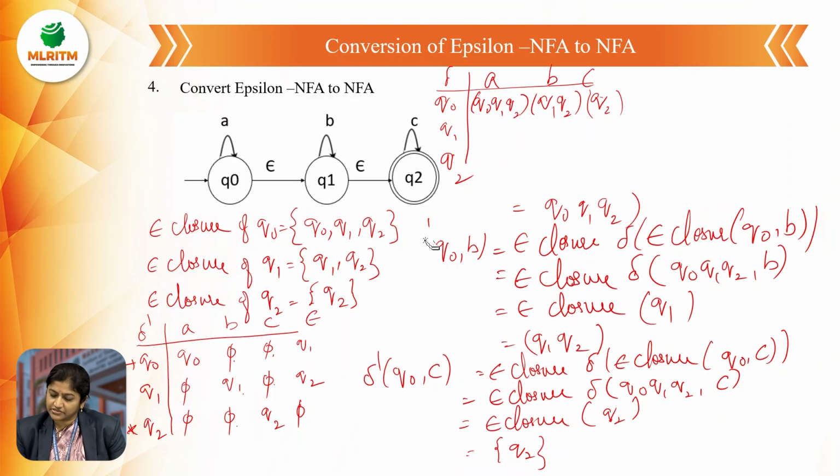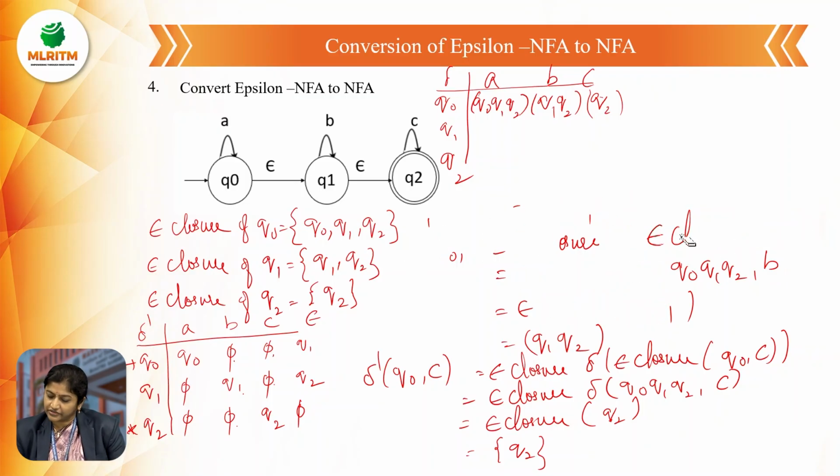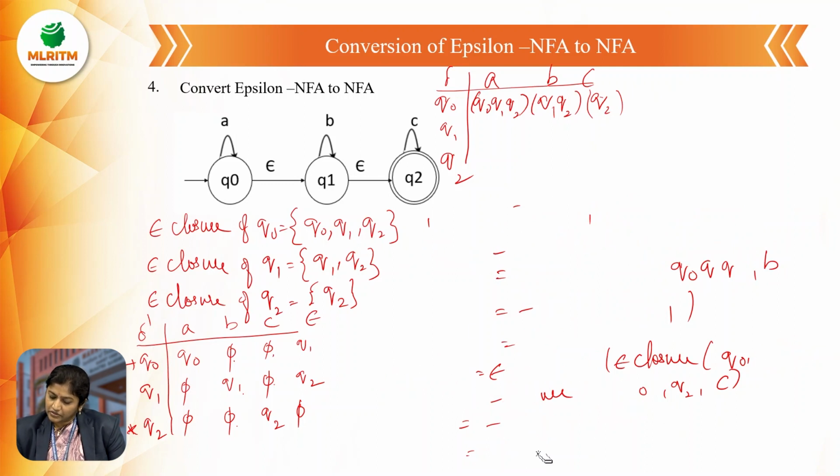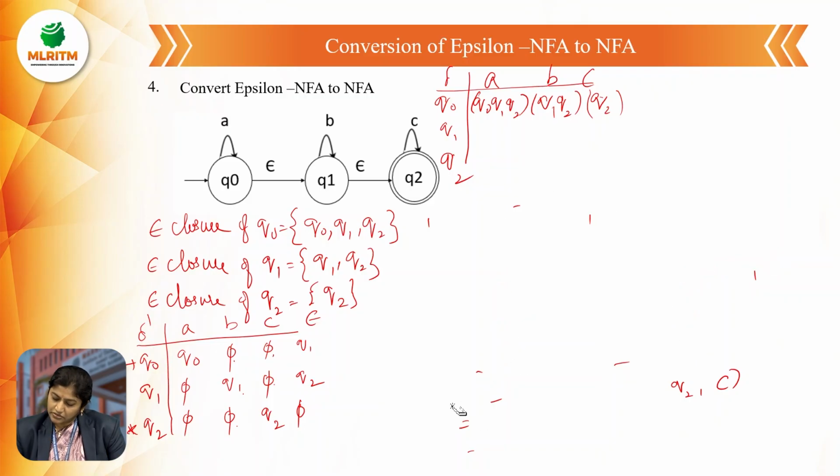I'll erase this because I have already written it in the form of a table. Next we'll write delta of q1 on A first.